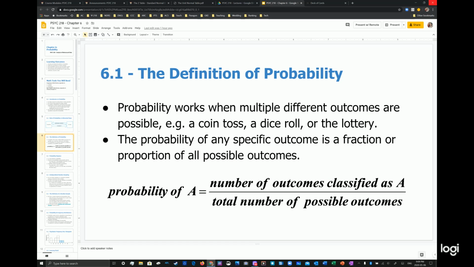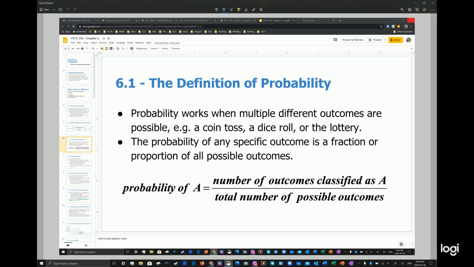In terms of the definition of probability, in a number of courses, lectures and texts, the simple definition is the number of specific outcomes you're looking for divided by the total number of all possible outcomes. To do this quickly, a coin toss has 2 sides.